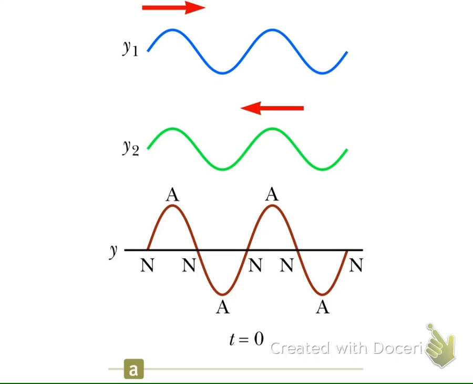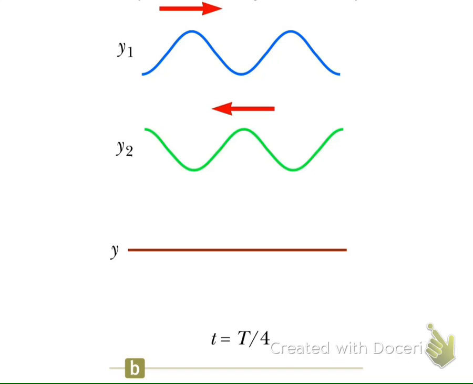Next, when the blue wave moves away from this position and the green wave also moves away from this position, we will have the instant that the blue wave and the green wave are out of phase.